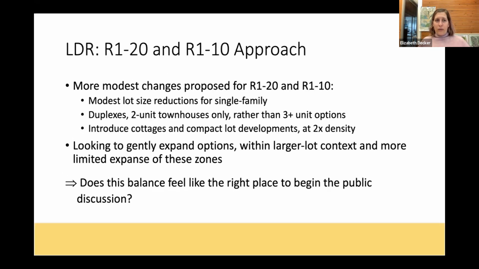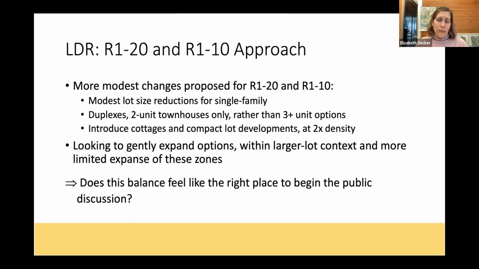So to dive right in, when we're talking about these R1, what we're terming now the low density residential zones, one of the key refinements in this package is that we backed off a little bit and had more of a middle path approach for the R120 and the R110 zones. Again, those are the lowest density.